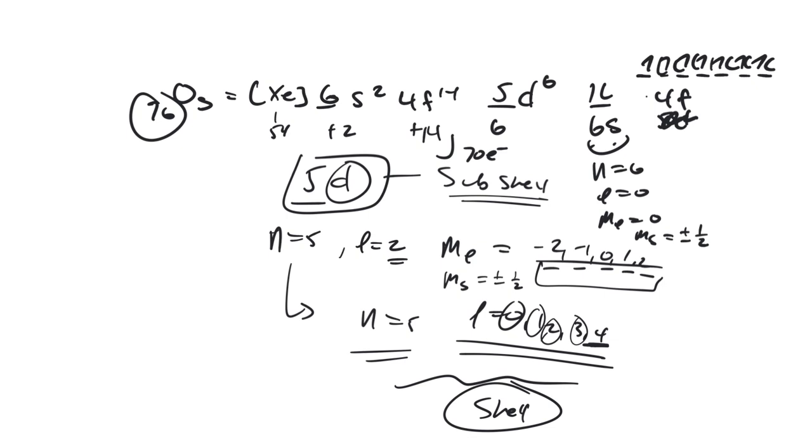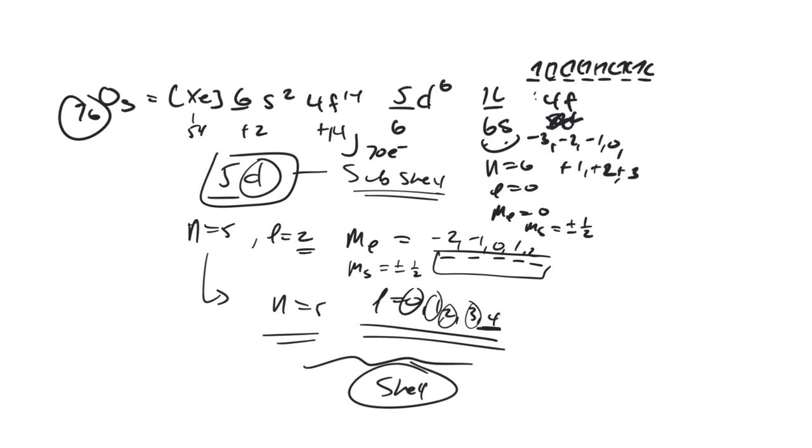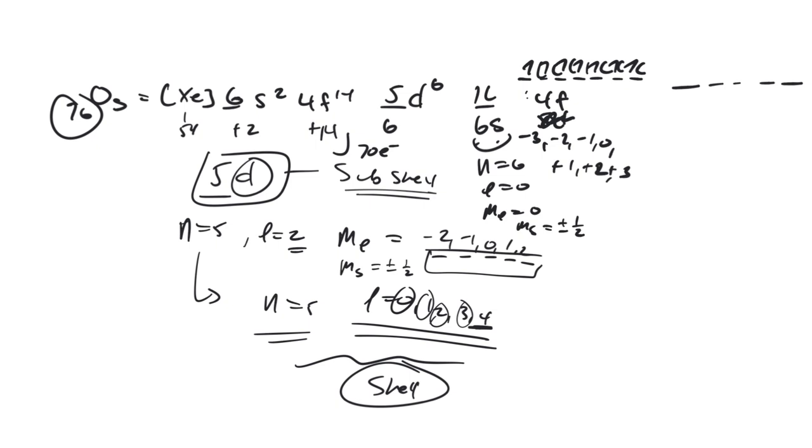We have an n of 4, l of 3, and then m sub l. It doesn't necessarily go in this order, but one of them is minus 3, one is minus 2, one is minus 1, one is 0, another is plus 1, plus 2, and plus 3. So we get those 7 m sub l values, and each electron is either plus or minus a half in those subshells. Then we finally get to the 5d, 2, 3, 4, 5, 6.